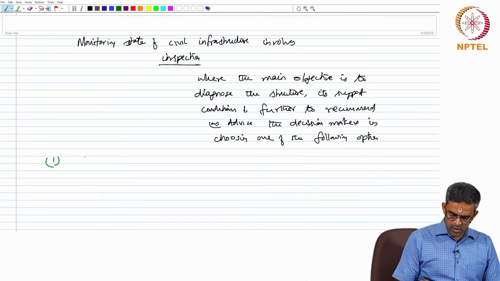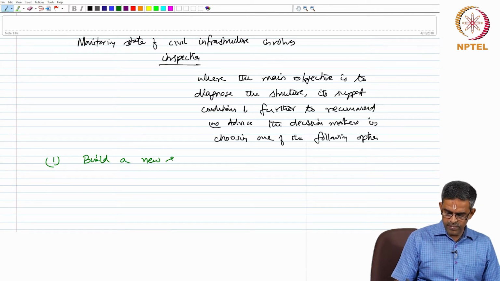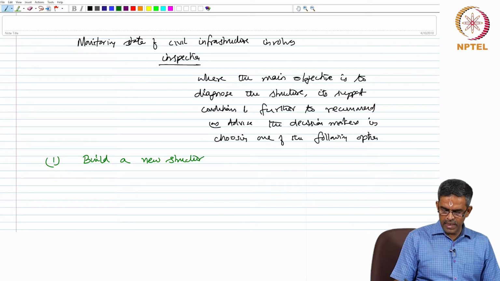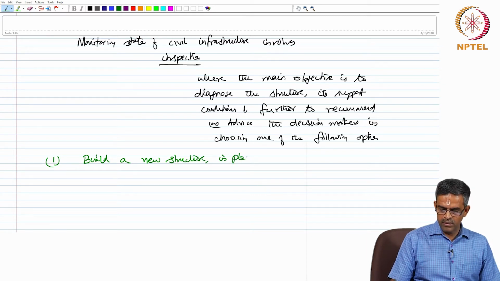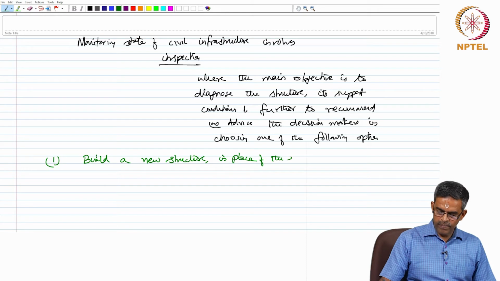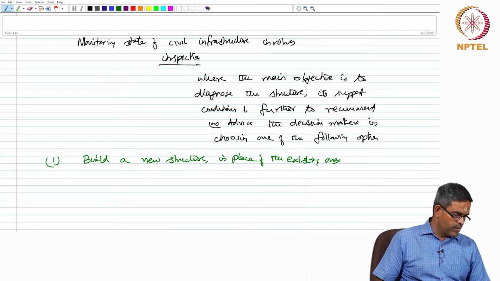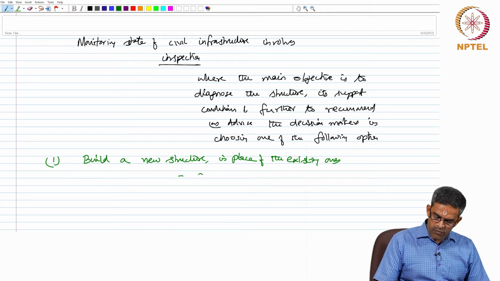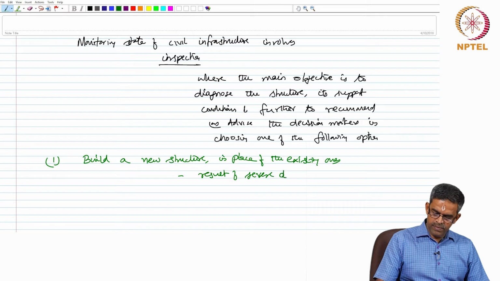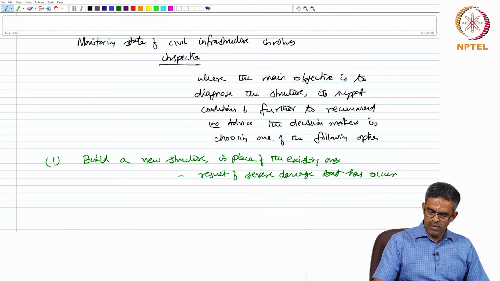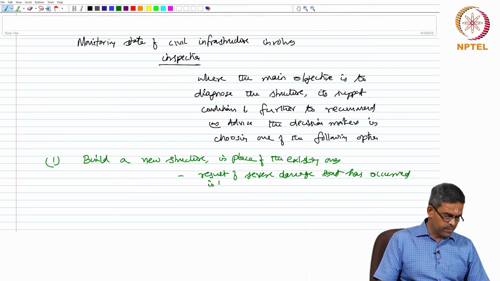One can go to build a new structure in place of the old one. This can be a result of severe damage that has occurred in the structure.